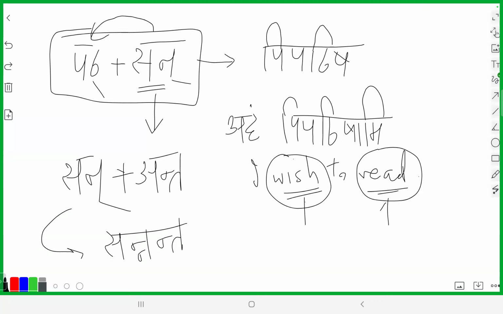So you had one, nijanta, which was giving the causality. That means you make somebody read, you make somebody run, you make somebody eat. That gives nich. Then wish to read, wish to run, wish to eat, whatever, gives you the sananta. Good, two we did.